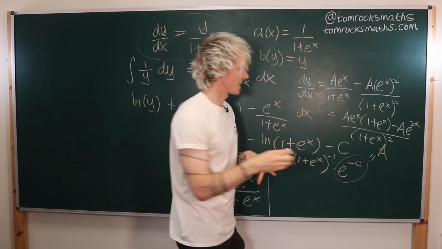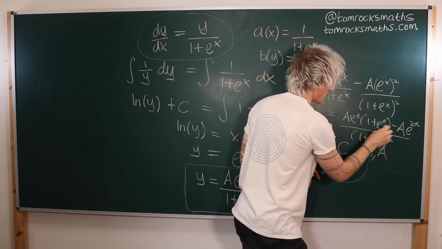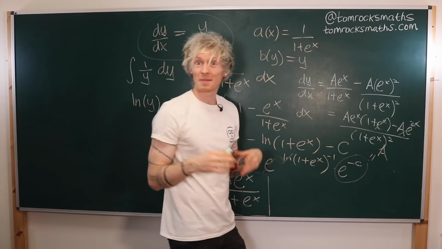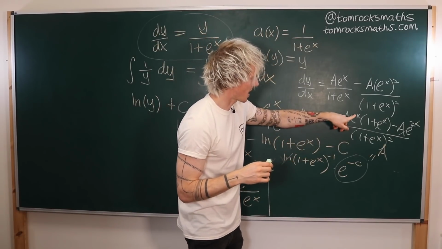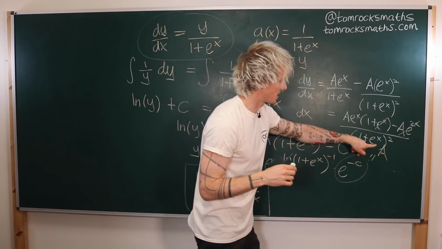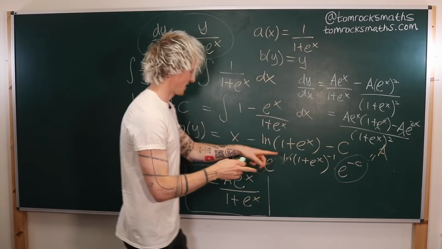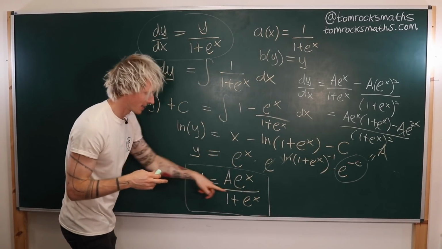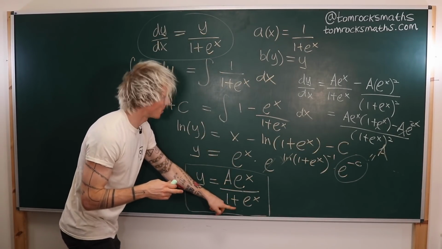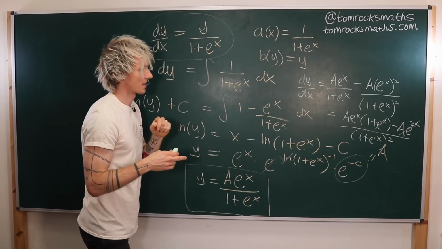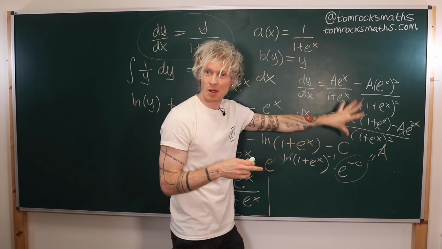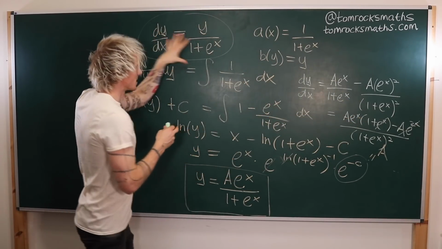So now we can see this term here will cancel with this, and what I'm left with is a e to the x divided by 1 plus e to the x all squared. That's exactly y down here with an extra term on the bottom, 1 plus e to the x. So checking the derivative here, we can see that this is indeed correct.